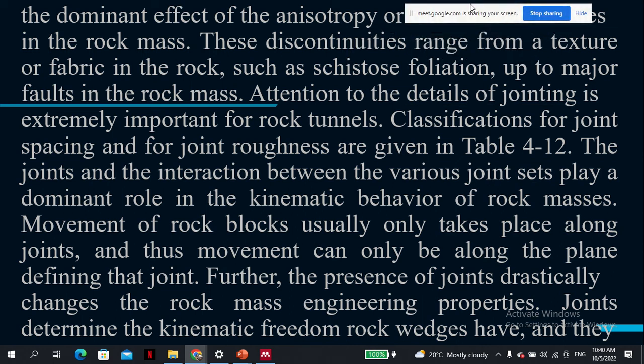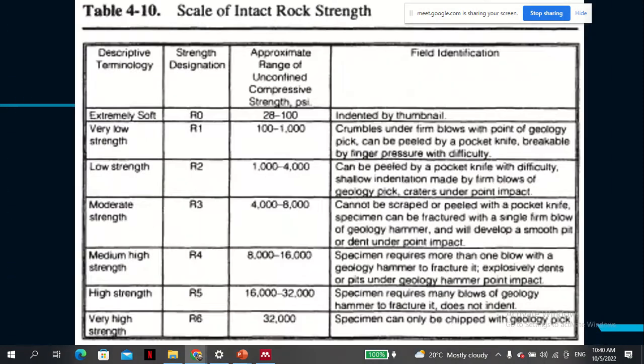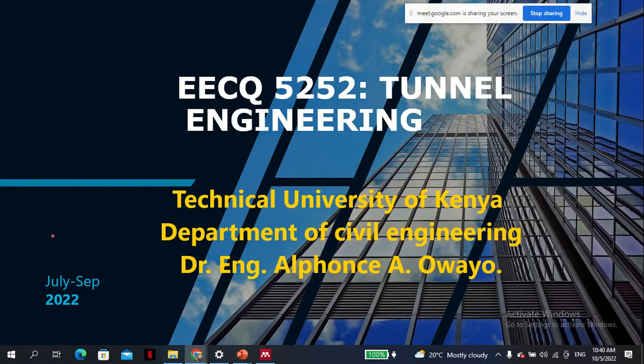classification. So if this is your rock, let me go back to where I can draw something you can see clearly.